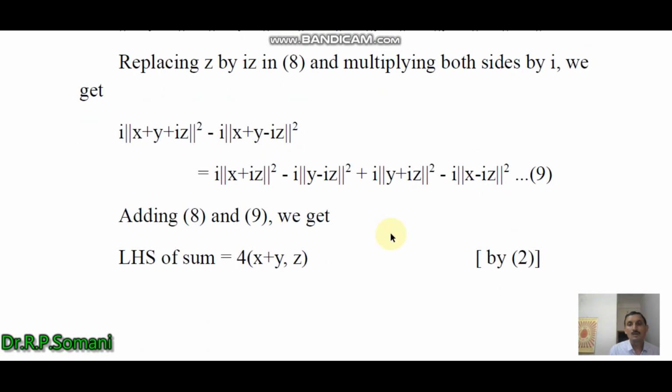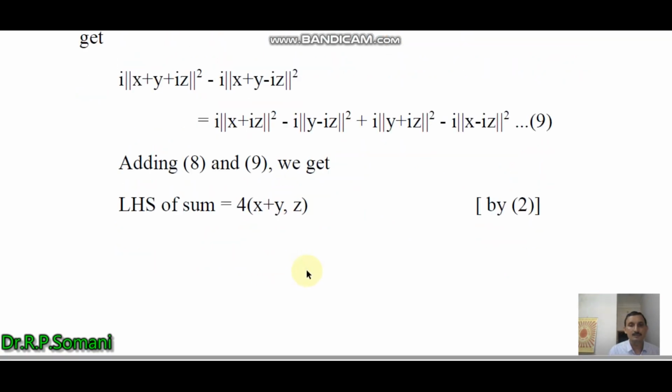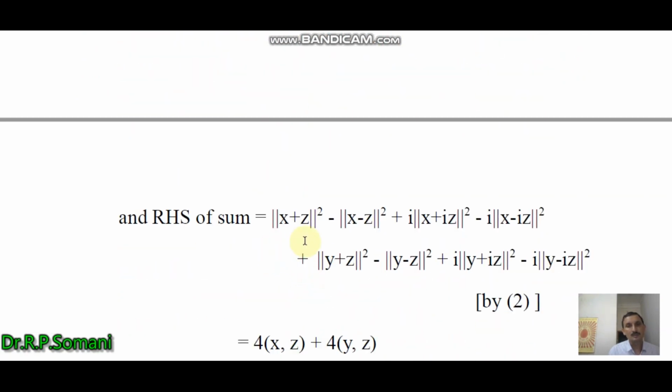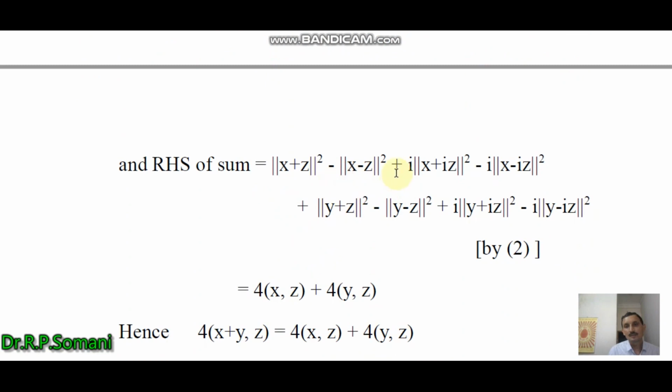So now we use the equations 8 and 9 and add them, then we obtain the LHS of the sum is equal to 4 of x plus y comma z by using 2, and the RHS of the sum is equal to this one.